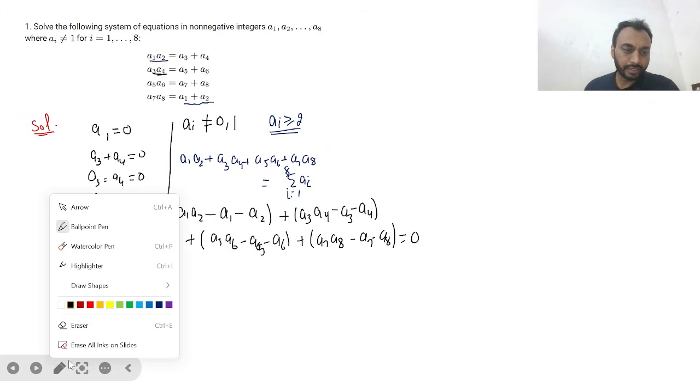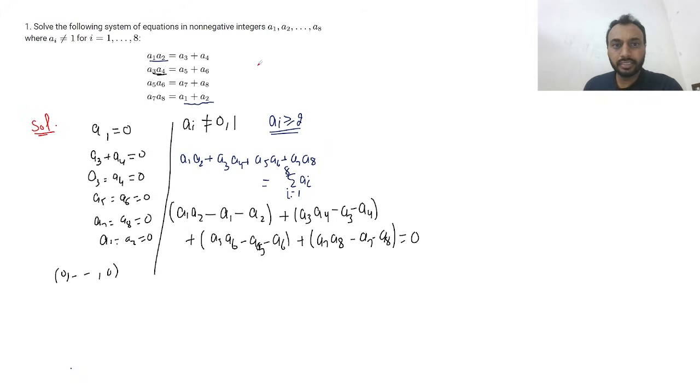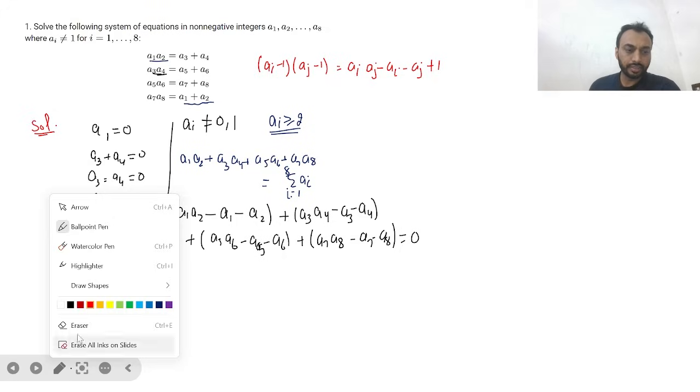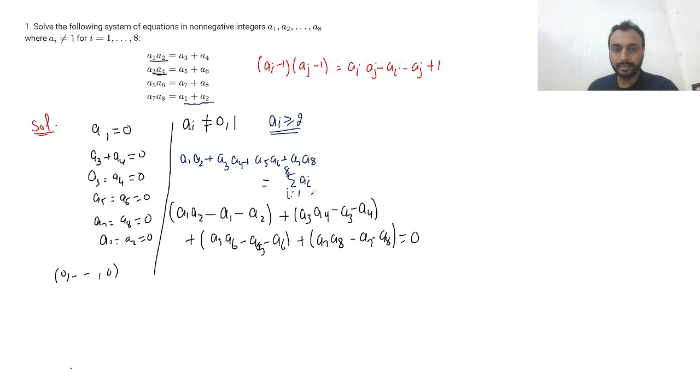Now we will try to factorize that, as we know that (Ai minus 1) into (Aj minus 1) is Ai Aj minus Ai minus Aj plus 1. So we do not have a 1 here, so we add 1 in every bracket.